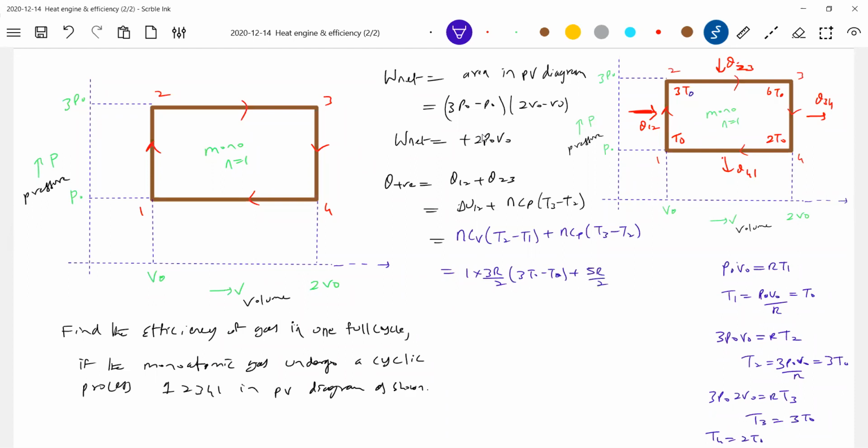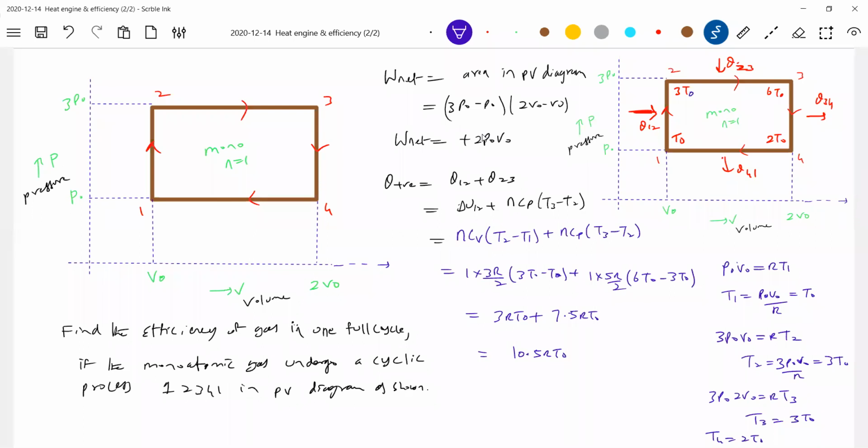Plus 5R by 2, number of moles 1, times T3 minus T2, 6T naught minus 3T naught. Okay, 2T naught, so 3R T naught, plus 7.5R T naught. So this will be 10.5 R T naught.